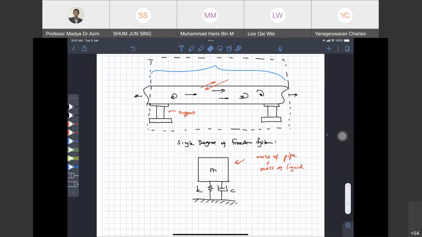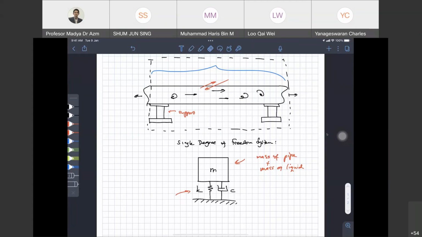So what is the flexibility of the pipe? Is how the pipe connected to the support. So that determines the flexibility of the pipe. Yeah. So in this case, you can write it down.